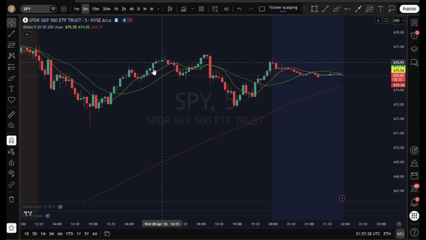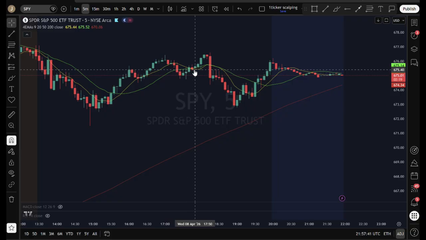More than likely, we'll wait for it to come back to the 20-day moving average. Maybe dip a little below. Right here, we came down, and then I'd wait till the 9 goes back up above the 20-day moving average, which we never did.